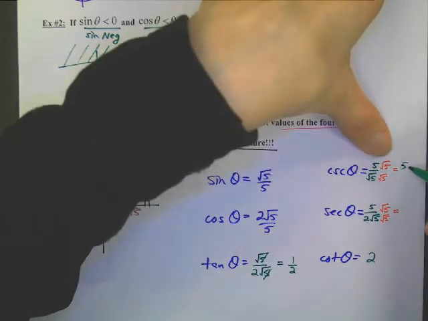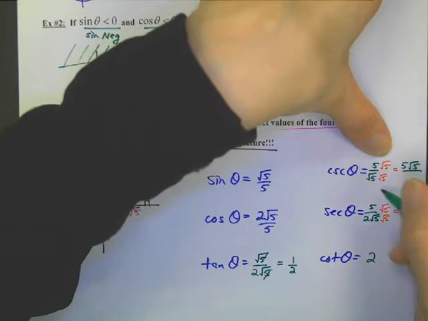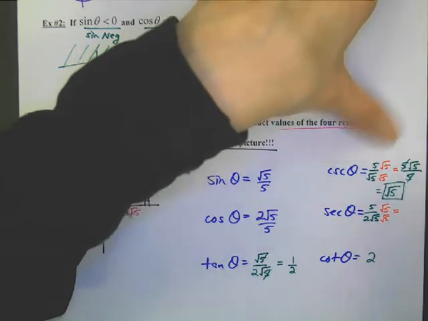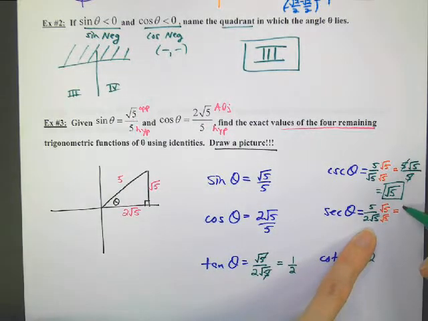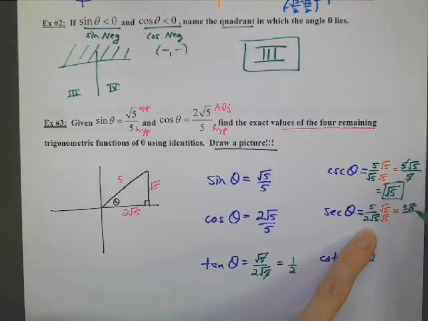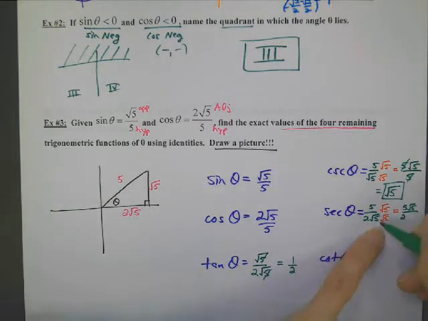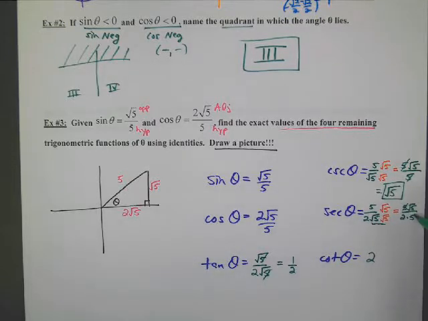We have 5 radical 5 over a plain 5, which we're going to have to simplify. Cancel, cancel, and the answer is radical 5. Let's do that again with the other one. We're going to get 5 radical 5. The denominator is going to have a 2. And then this makes a plain 5, but those 5s are going to cancel. And so the final answer is radical 5 over 2. There we go.